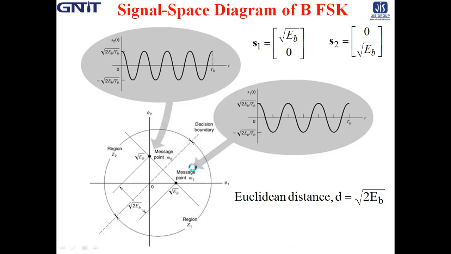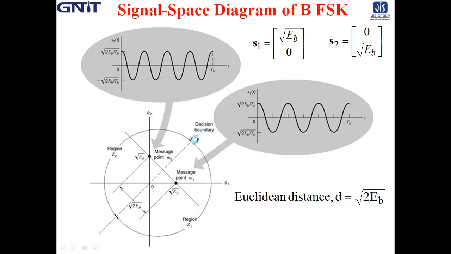If, on the other hand, x1 is less than x2, that means the received signal point falls inside region Z2, and the receiver decides in favor of symbol 0. Now, if the received signal point falls on the decision boundary, what would be the case?